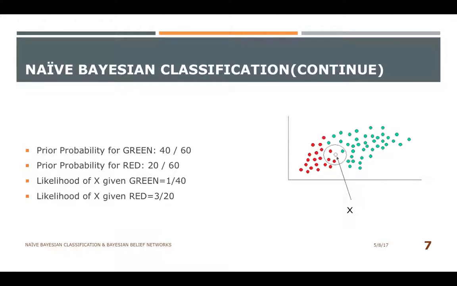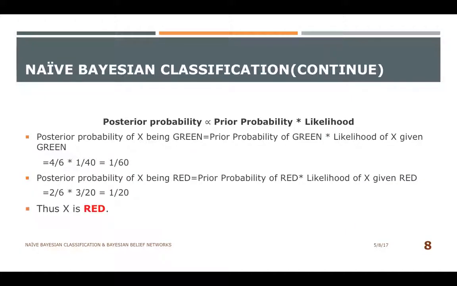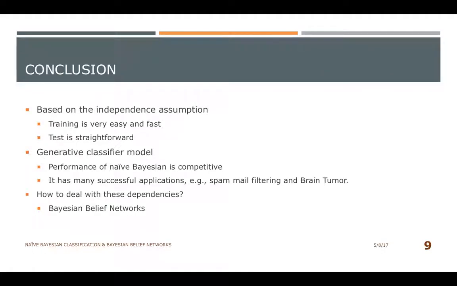There are 3 red elements nearby, more compared to green. That's why we will make that element red. So this is how we conclude the naive Bayesian classification to find the probability of an element.